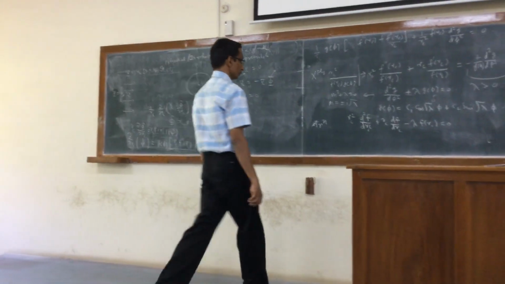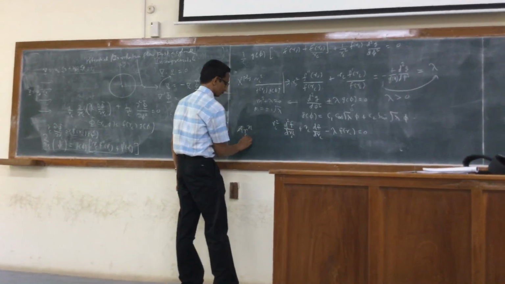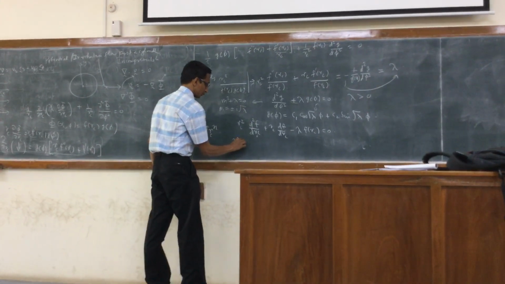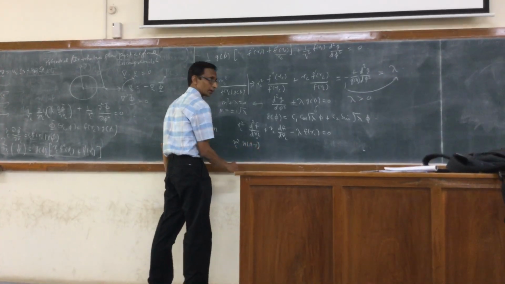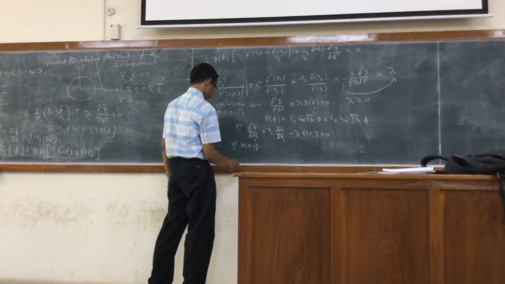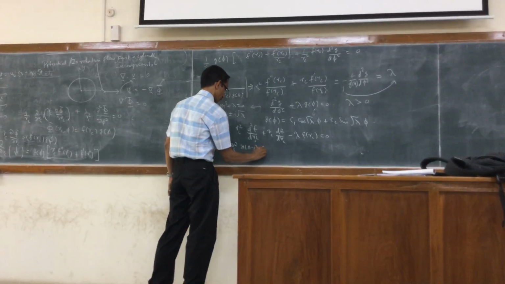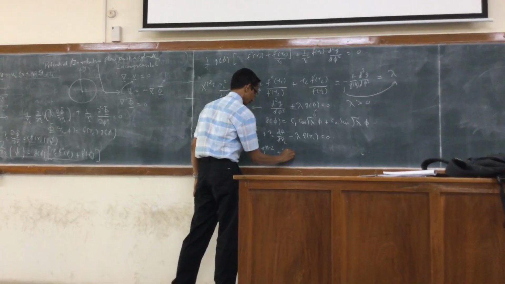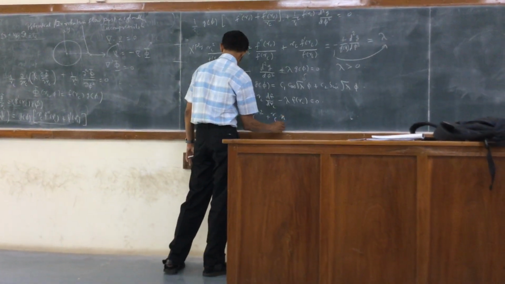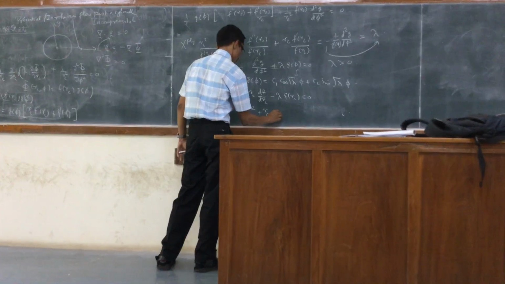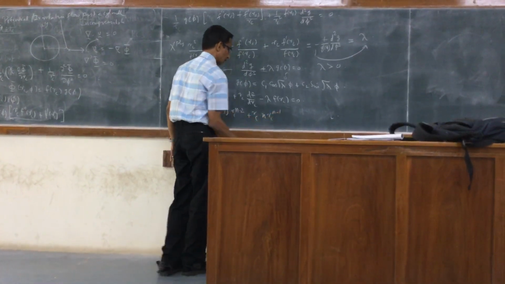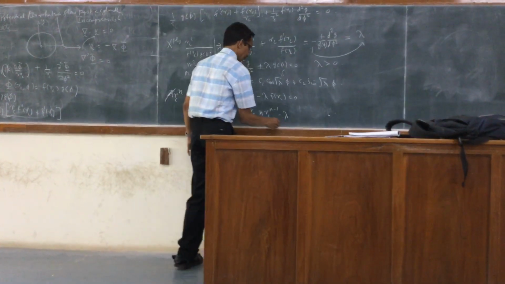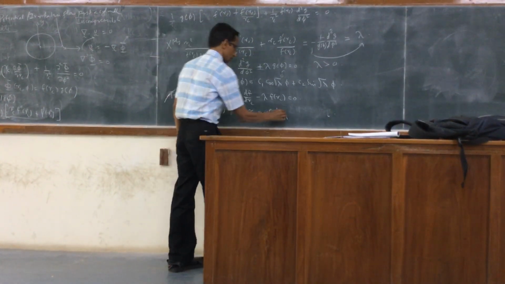So this would be Rc squared times n into n minus 1 Rc to the power n minus 2, plus Rc times n Rc to the power n minus 1, minus lambda Rc to the power n is equal to 0. We don't even need to consider the A because that's going to get cancelled out.